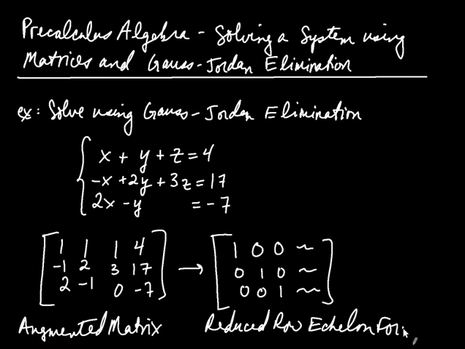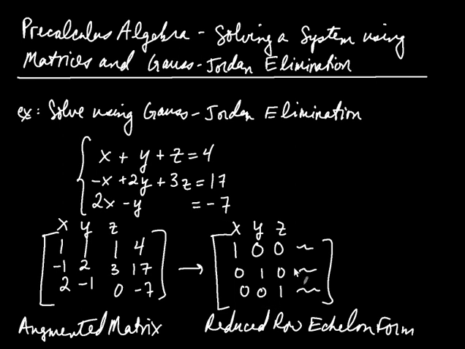And in this system right here, the columns correspond to x, y, and z, just like they do here, right? This first column is for x. As you can see, these are the coefficients for all the terms containing x. This corresponds to y, and this corresponds to z. And then the last column corresponds to the right-hand sides of the equations.